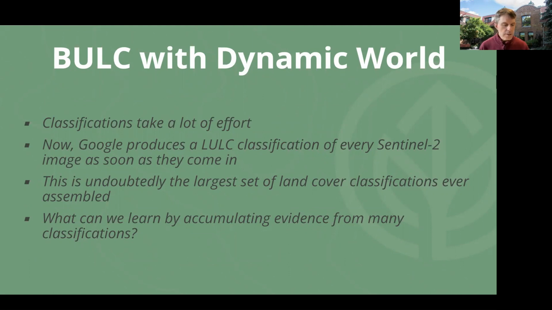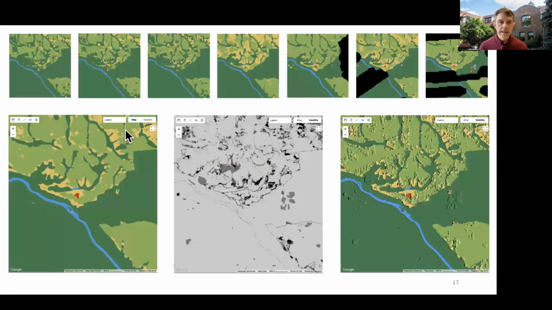We have thousands or tens of thousands, I suppose, of land cover classifications now being produced every day. And so I think we will really benefit from having strategies for sifting through the evidence from those classifications. And that's what we'll do in the lab today.